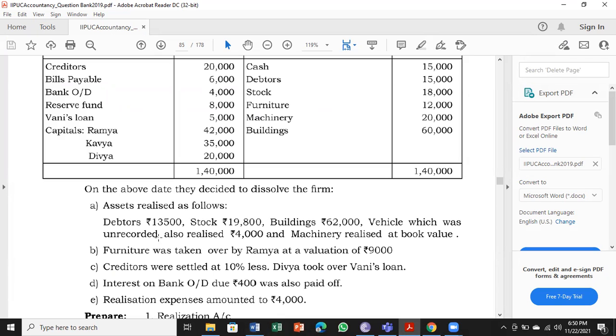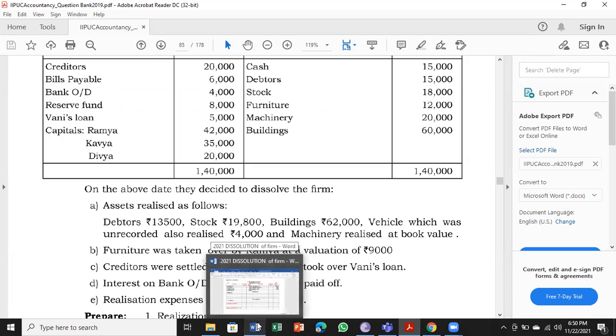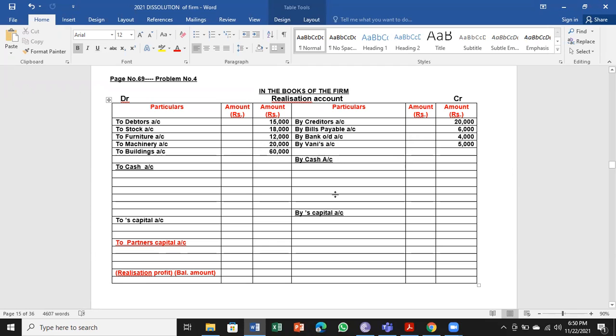Debtors and stock. Debtors 13,500, stock 19,800. So first one, debtors realized 13,500. Second one, stock realized 19,800.